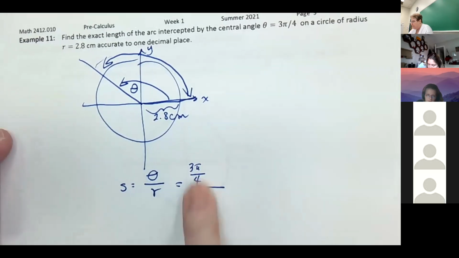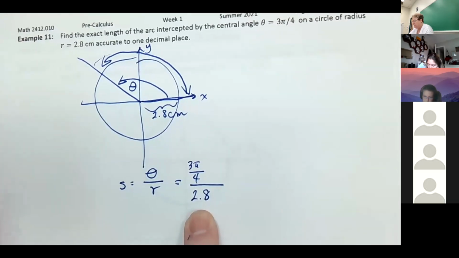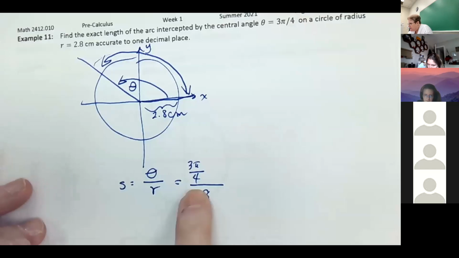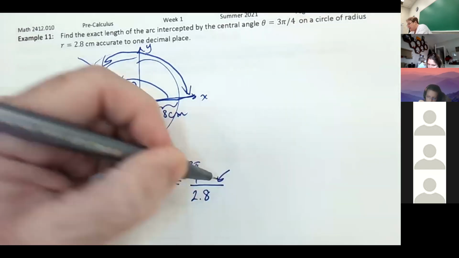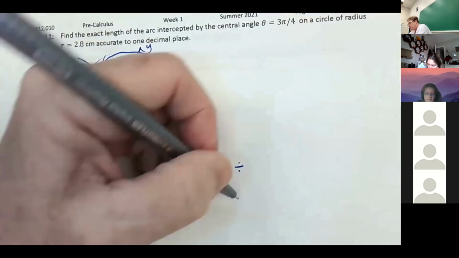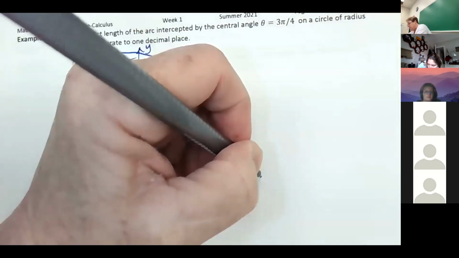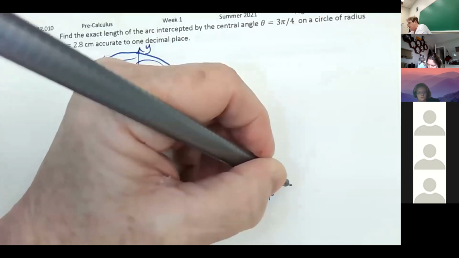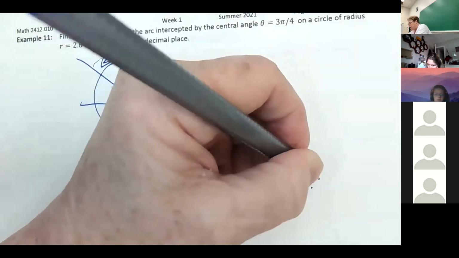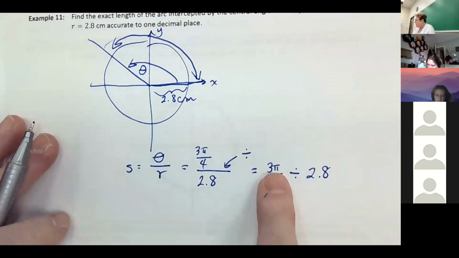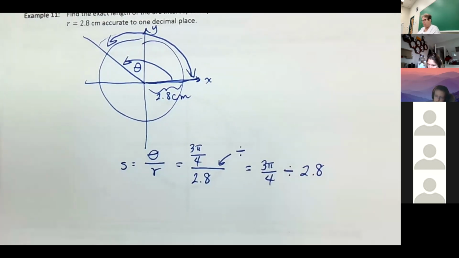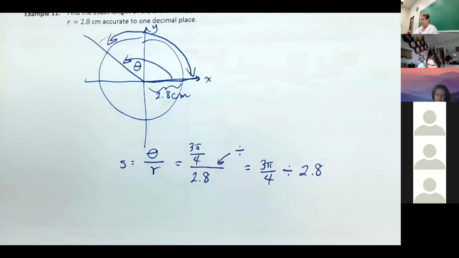When you're working with two fractions like this, the easiest way is to rewrite this as where the main fraction line is a division sign. So we're going to rewrite this as 3 pi over 4 divided by 2.8. And we want an actual value, accurate to one decimal.